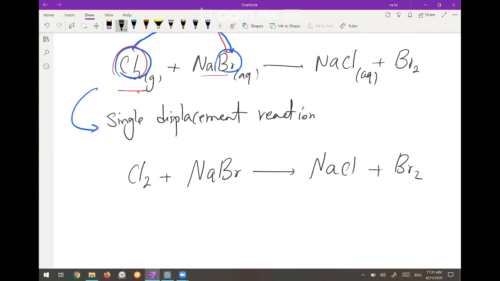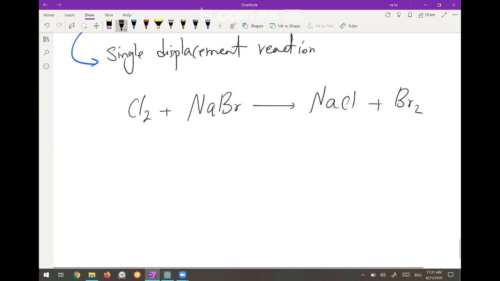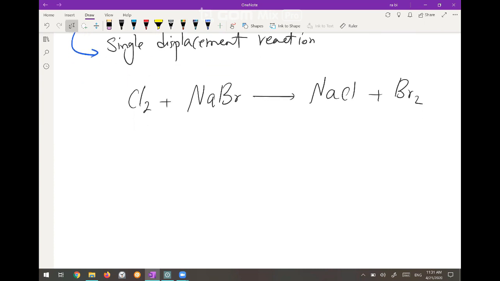So let's identify the oxidation half equation and the reduction half equation. When you have an ionic compound, it's better to separate it into the cation and anion. So I separate it into Na plus and bromide, and sodium chloride into the sodium ion and chloride ion. It makes it easier to identify which one is oxidized and which one is reduced.